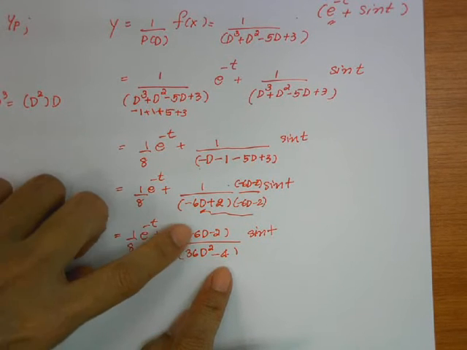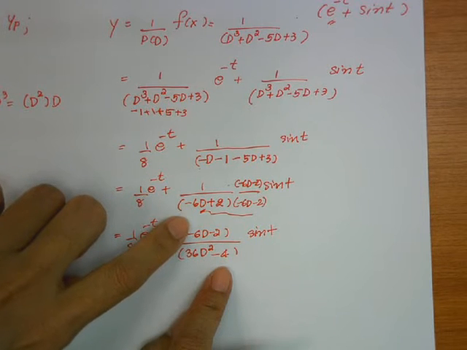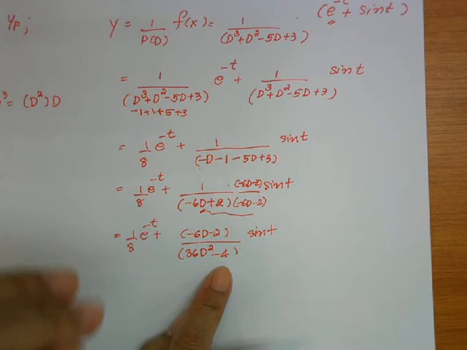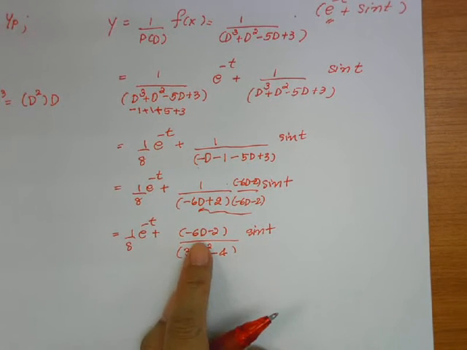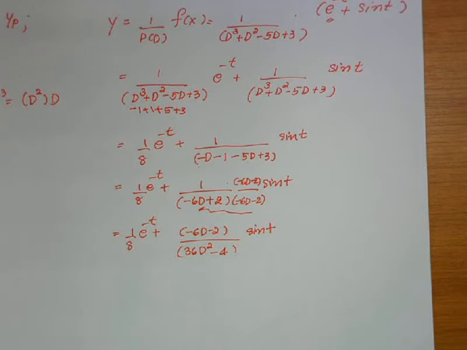But on the top, or on the numerator, on the top part of it, it's not done yet because you have minus 6d.